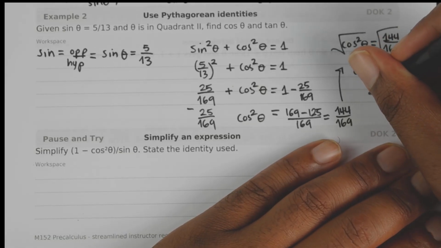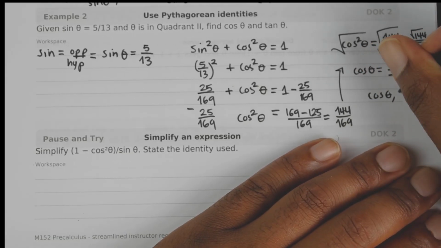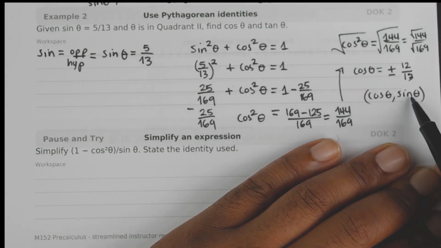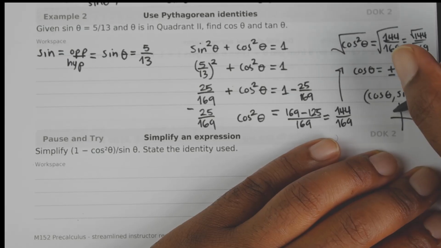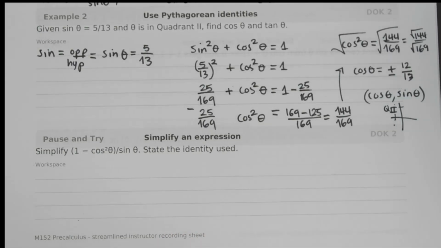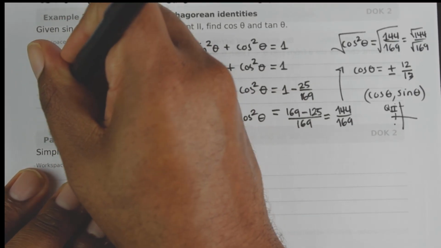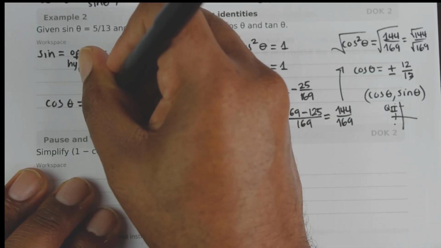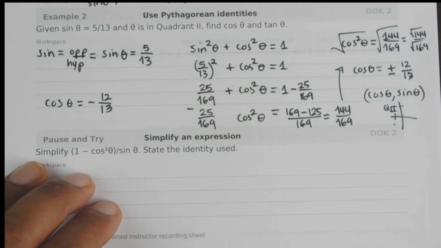Remember cosine theta, sine theta is the x and y. So again, if you're over here in Q2, the x is going to be negative, the y is going to be positive. Okay, so the cosine theta is negative 12 over 13.